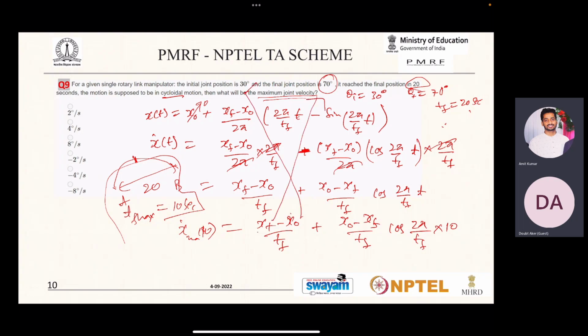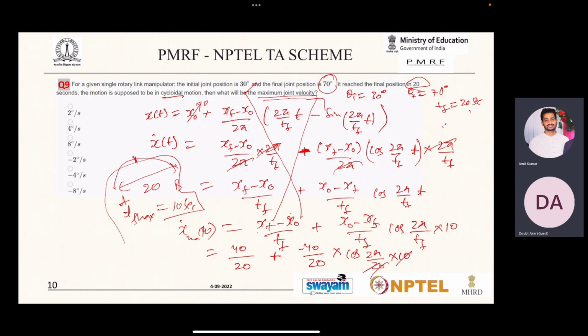So 70 minus 30, that means 40, by tf, which is 20, plus x naught minus xf, that means 30 minus 70, that is minus 40, divided by 20 into cos(2 pi by 20 into 10), right?